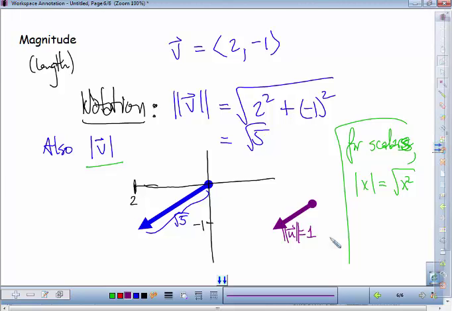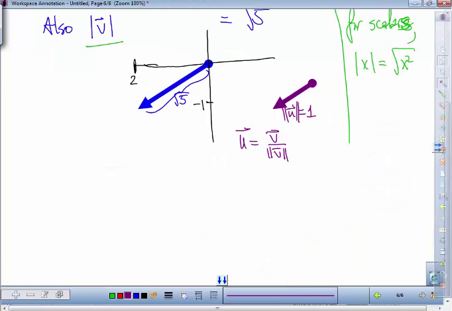So if you divide the vector by its magnitude, multiply it by the reciprocal, then that'll work. So u will be equal to the vector v divided by the magnitude of v. So this will always guarantee that you will get a unit vector. This vector u will be going in the same direction as v, but will have unit length.